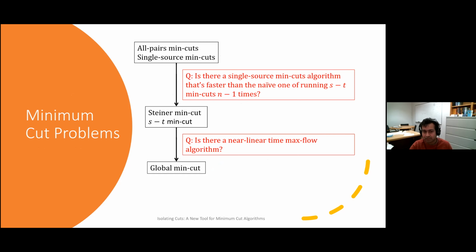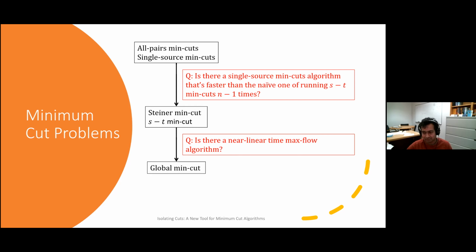Right, so can we collapse ST min-cuts into global min-cuts in terms of running time? That would mean that we have to design a near linear time max flow algorithm. The gap at the top is asking, can we solve single source min-cuts faster than the naive one that just runs n-1 ST min-cuts? Okay, and in fact, this has been a long-standing question.